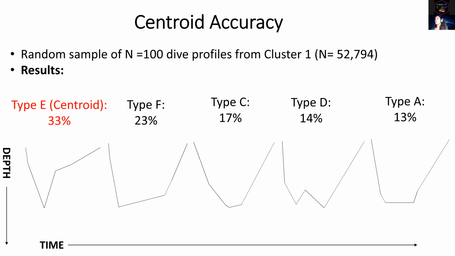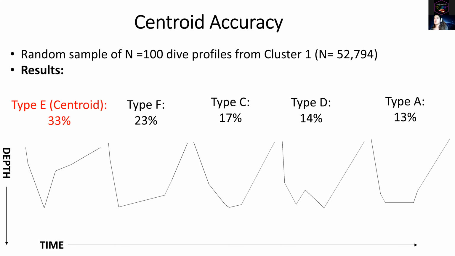This next part is about how accurate the centroids were for categorizing the main dive profile. With this partitional PAM method, it goes through all of my dive time series and sorts them into K number of groups or clusters. So I chose 4.